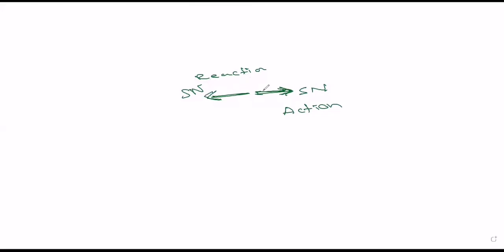Based on this Newton's third law, the rockets also work according to it. Now just take a balloon. A balloon, you all know, is filled with air molecules. Now you are going to release the air. What will happen? The balloon will push the air molecules out.